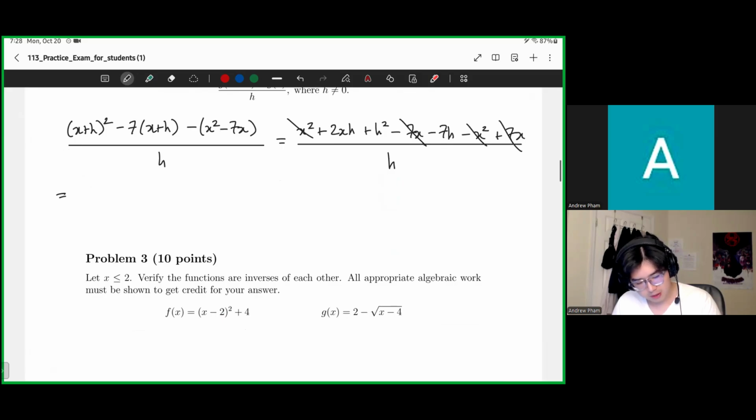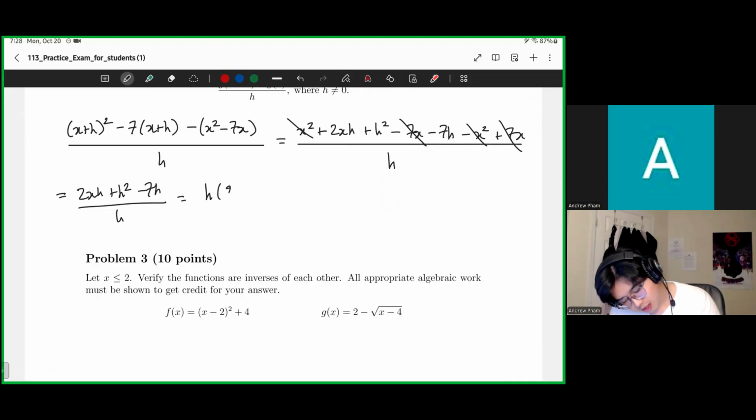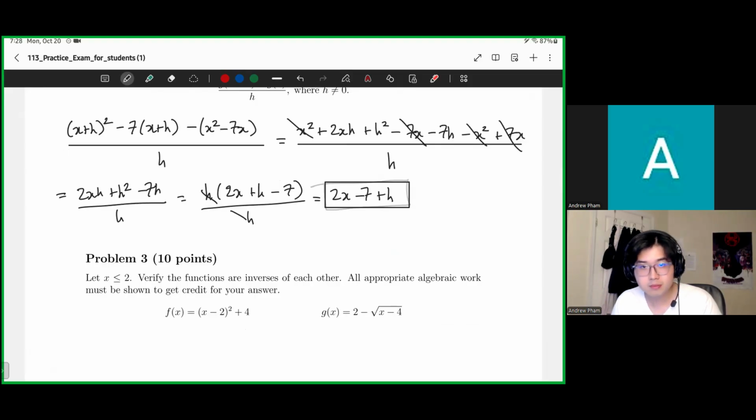So if I clean this up, I get 2xh plus h squared minus 7h over h. Notice how in the numerator, all the terms have h in them. Factor that out. Get h times 2x plus h minus 7, over h. I get 2x minus 7 plus h as my difference quotient, like so.